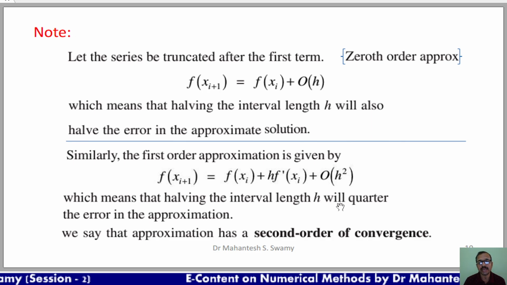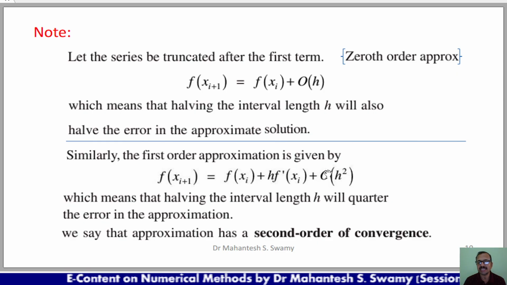That means you will get a quarter of the error in the approximation of that particular function by choosing only the first 2 terms. That is, if you consider only 2 terms, that yields an error of the order of h square. We say that the approximation has second order convergence.